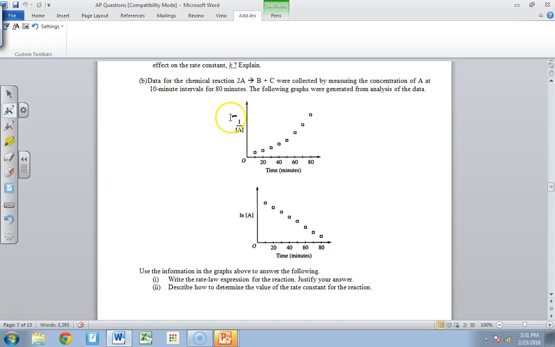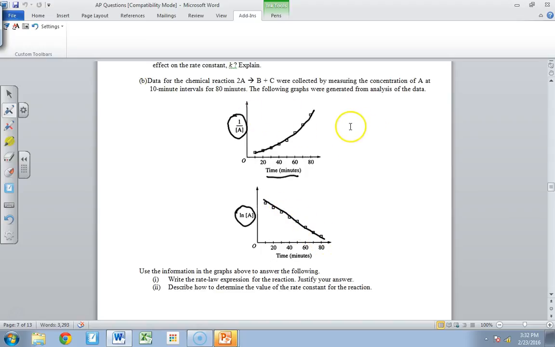Here we have plotted 1 over A versus time, and here we've plotted the ln of A versus time. We should be able to see that this is a nonlinear relationship and this one is linear.